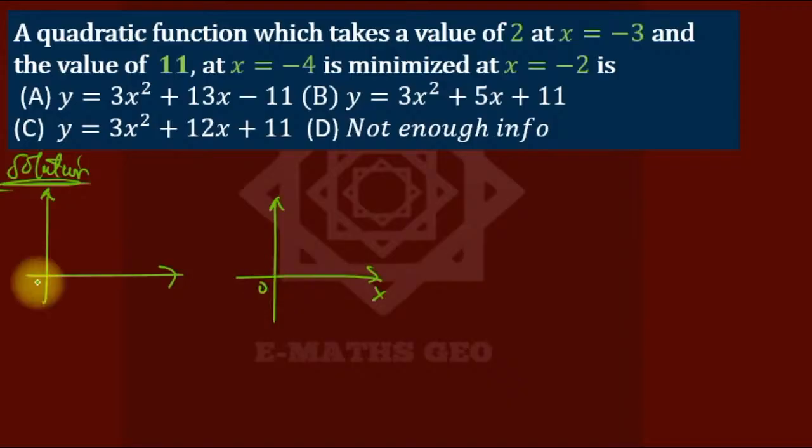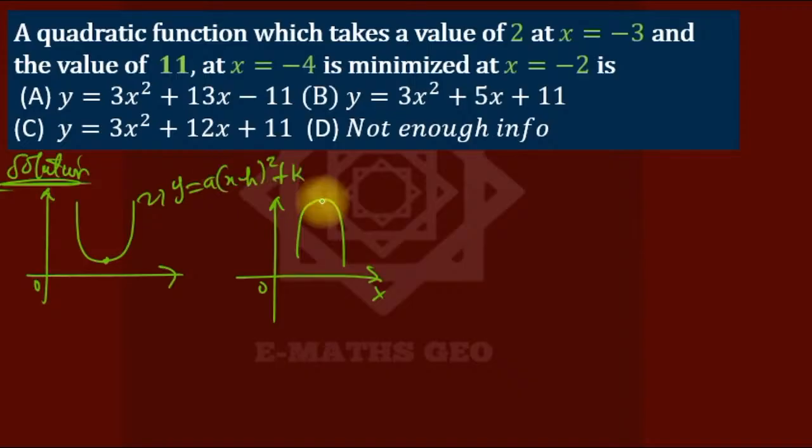This is concave up, while this is concave down. So the function is always y equals a(x minus h) all squared plus k, where (h, k) is the coordinate of the vertex.